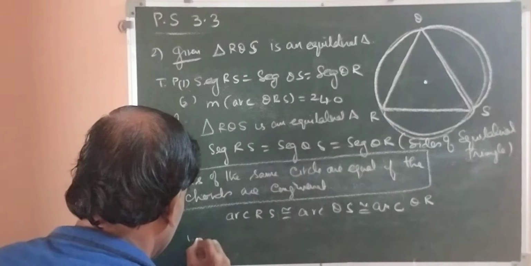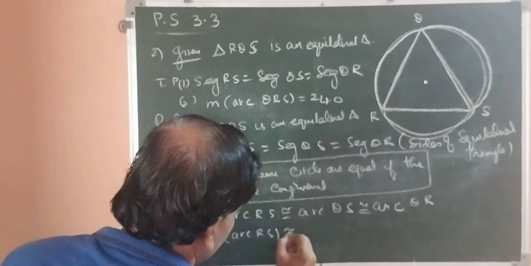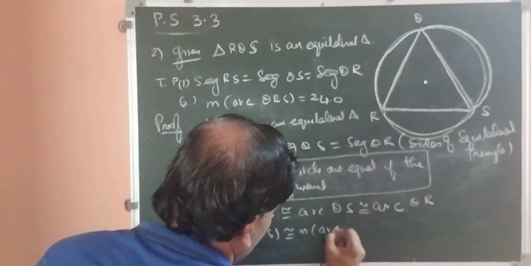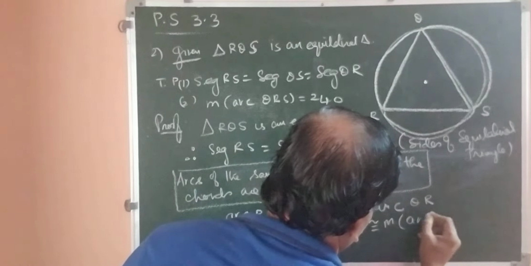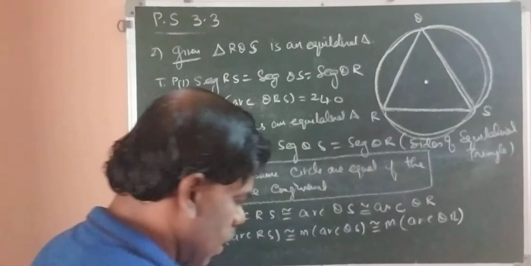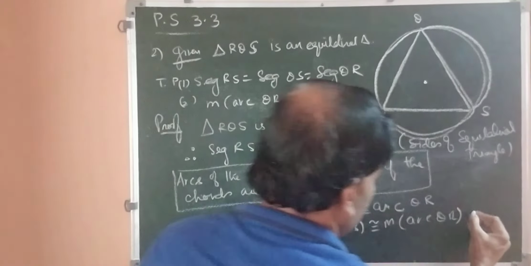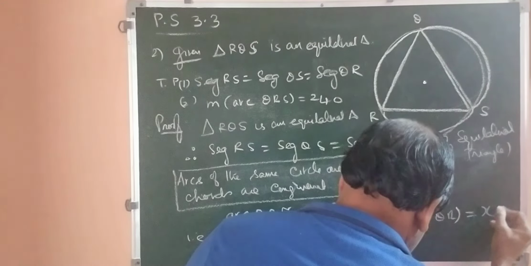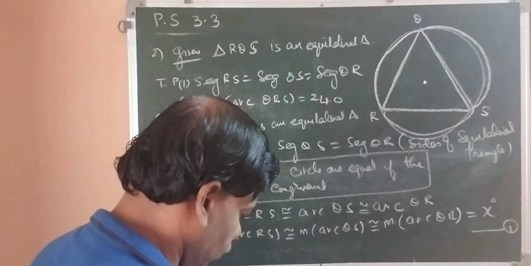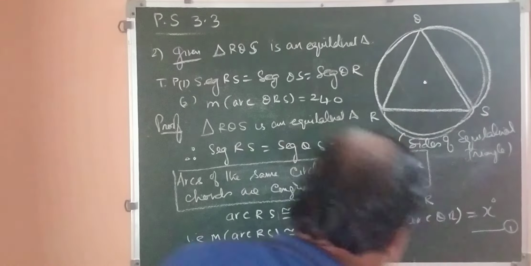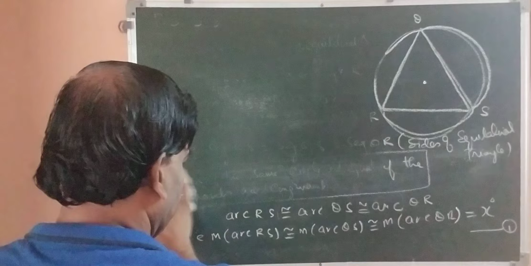That means measure of arc RS equals measure of arc QS equals measure of arc QR. Now, each has the same measure, so let it be x degrees. Equation 1. Now, listen very carefully. We are going to use the theorem.